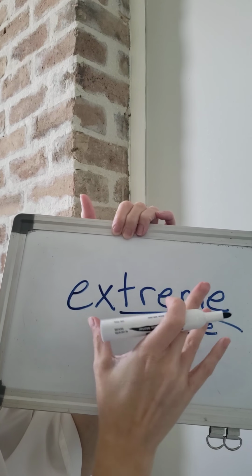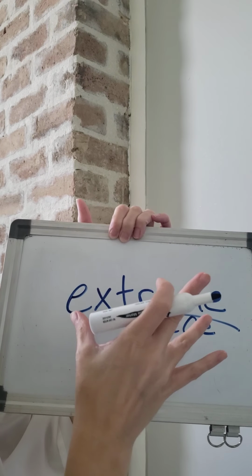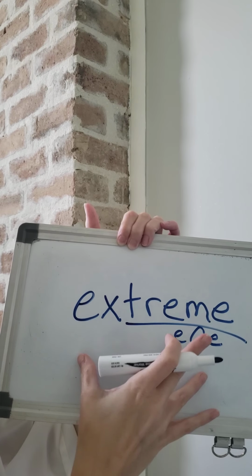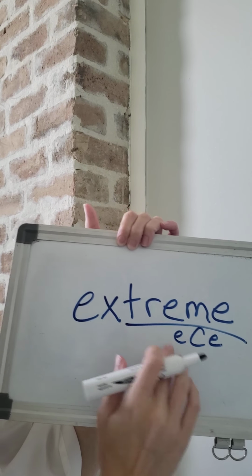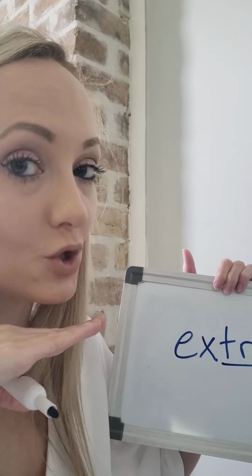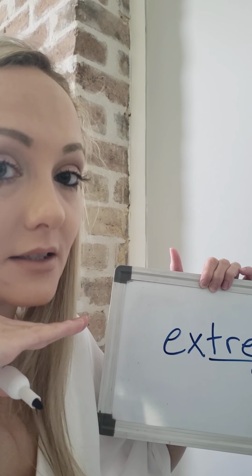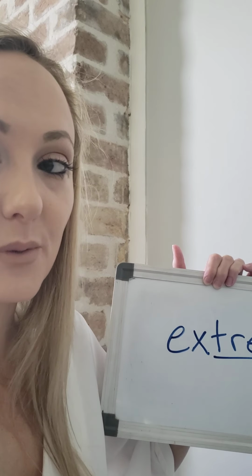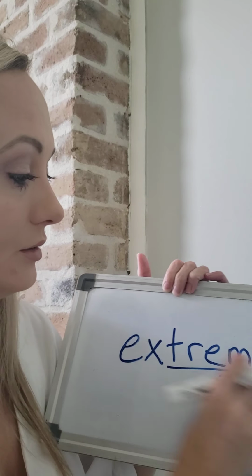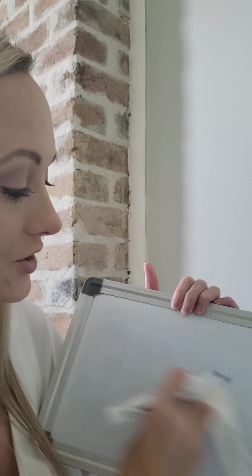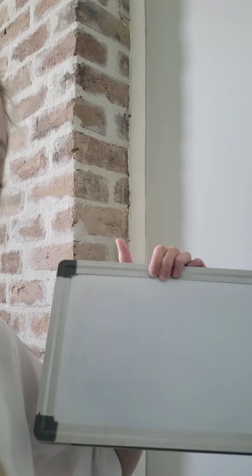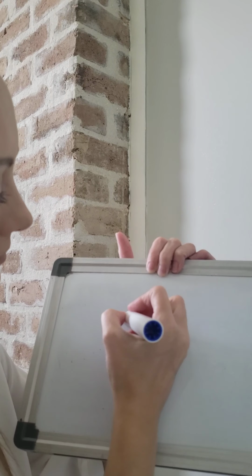So you're going to put extreme under second syllable. Don't forget to use your handy tool that's just putting your hand under your chin if you can't remember how to break those words into syllables. Every time your chin hits your hand when you say that word, that's a syllable break. Let's practice a couple more.